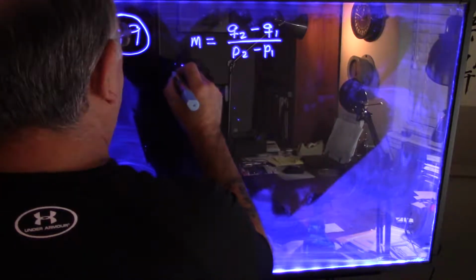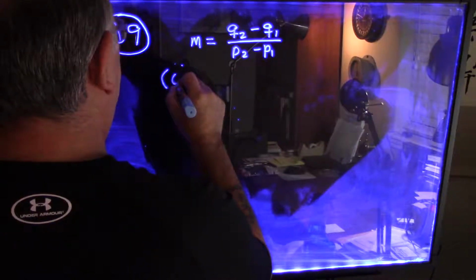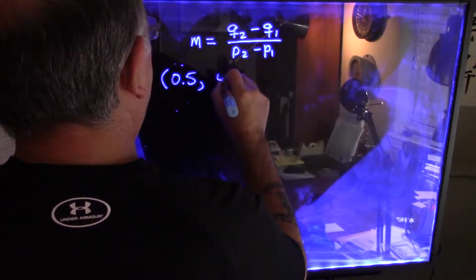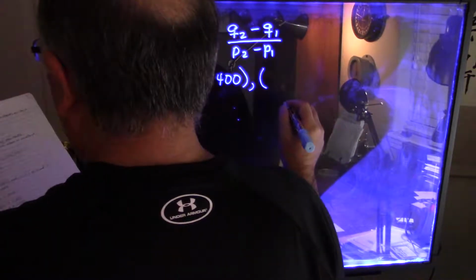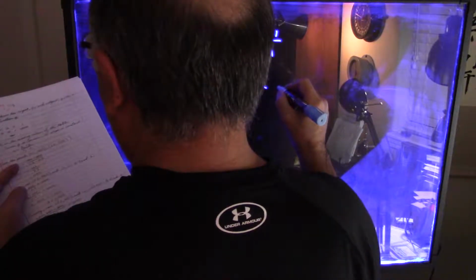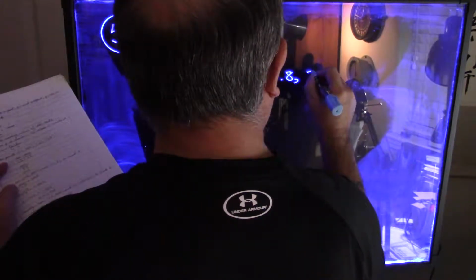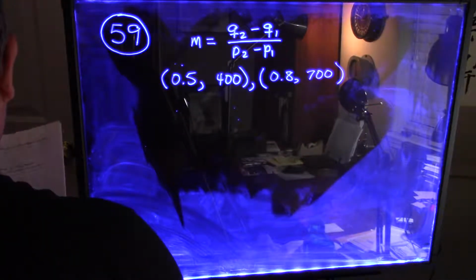So what I'm going to do is use the points that are given to us that are known points, 0.5, 400, and 0.8, 700, and then calculate what the slope is.